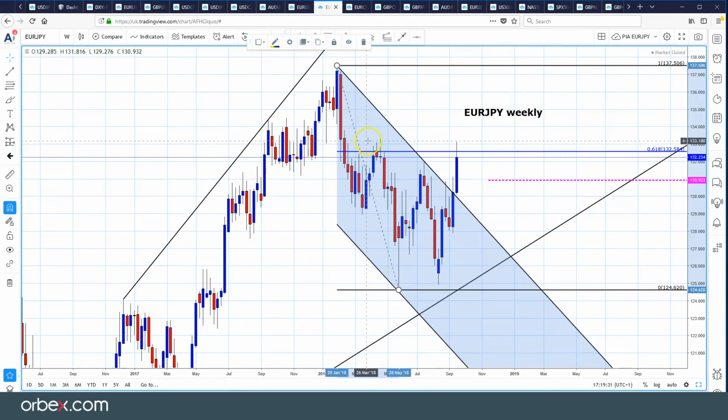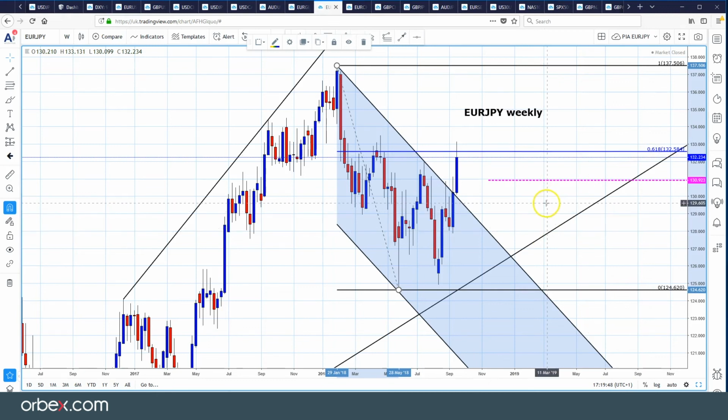Euro yen, and this is the last one. We have seen a 3-wave correction to the upside. Levels close to the 61.8% pullback at 132.58 have found sellers late last week.